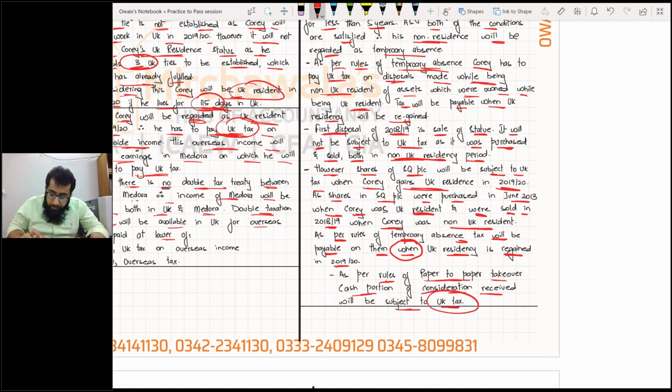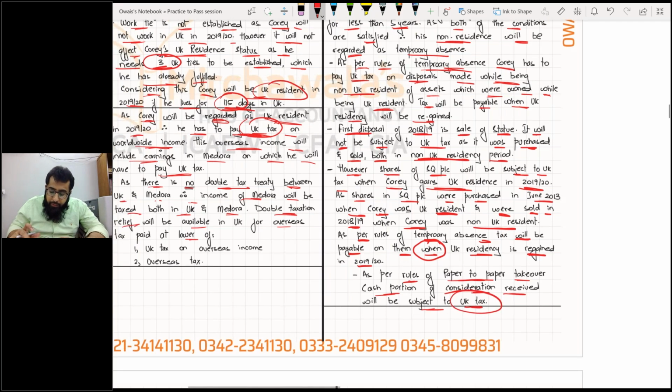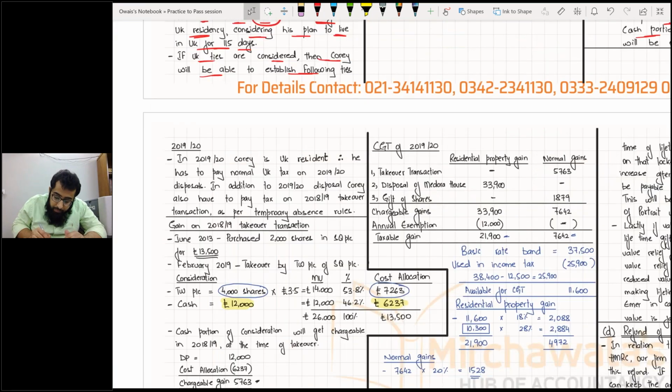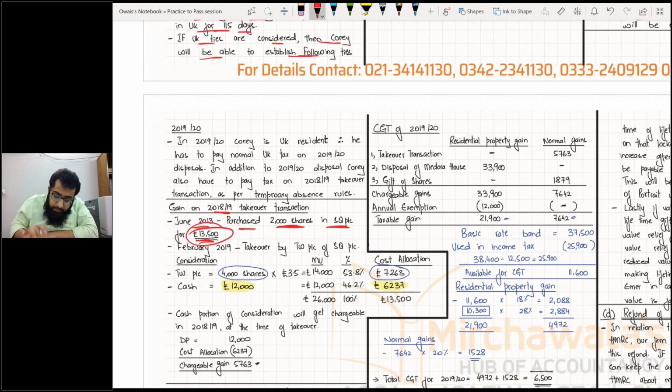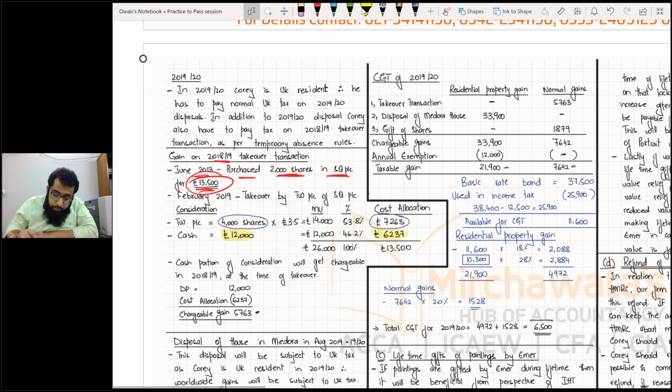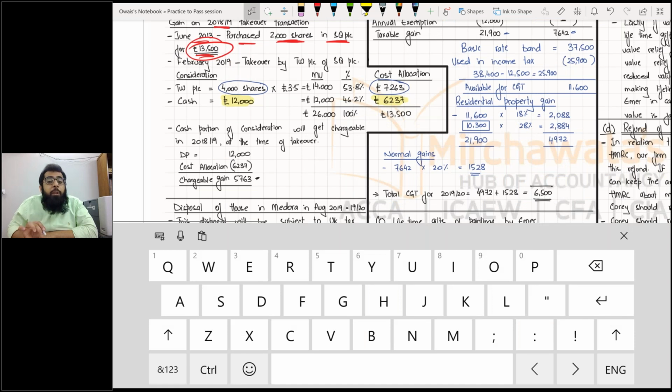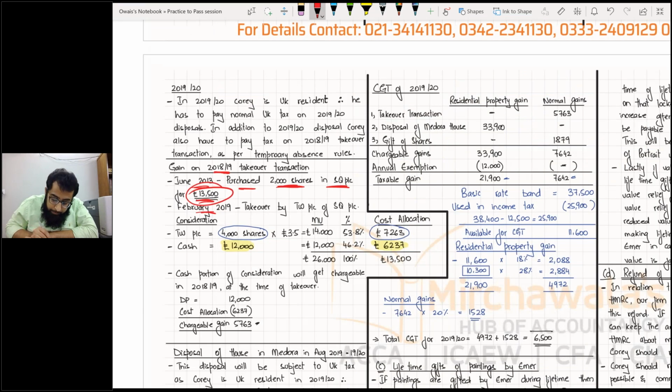Now, if you look at the question carefully, what was the cash portion? In June 13, you purchased 2,000 shares in SQ plc for £13,500. In February 2019, there was a takeover by TW plc of SQ plc.